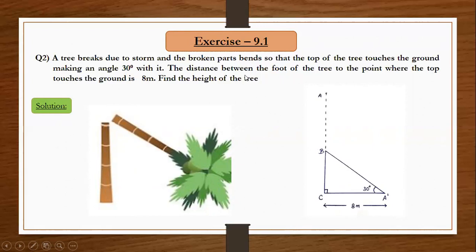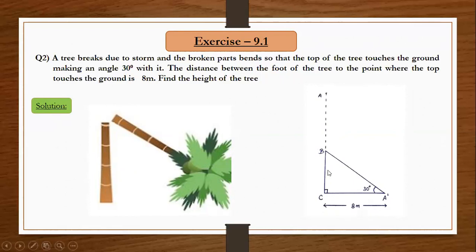Now, the distance between the foot of the tree, this part, and the point where the top touches the ground. The top touches the ground over here. This is the foot of the tree. So, C is the foot of the tree, A dash is the top where it broke and touches the ground. This distance is given to be 8 meters. We have to find the height of the tree.